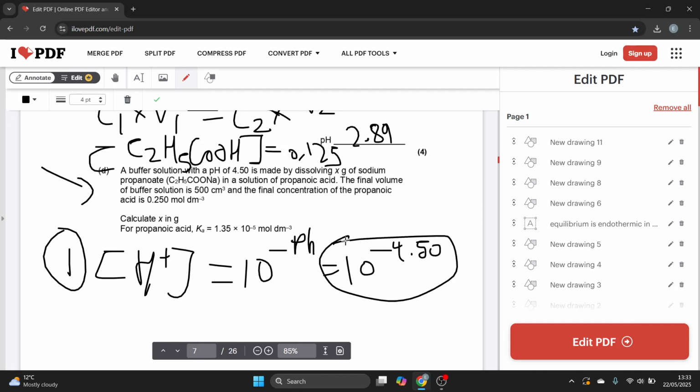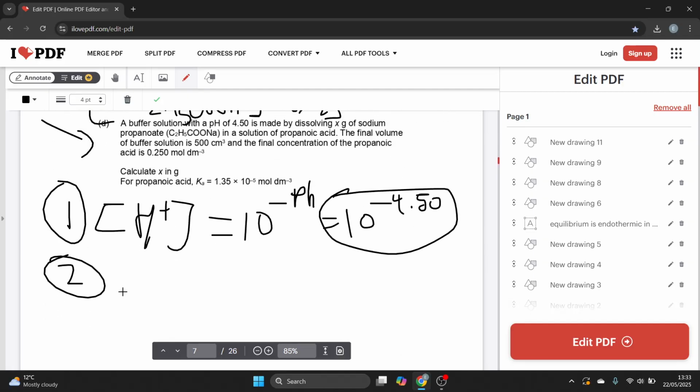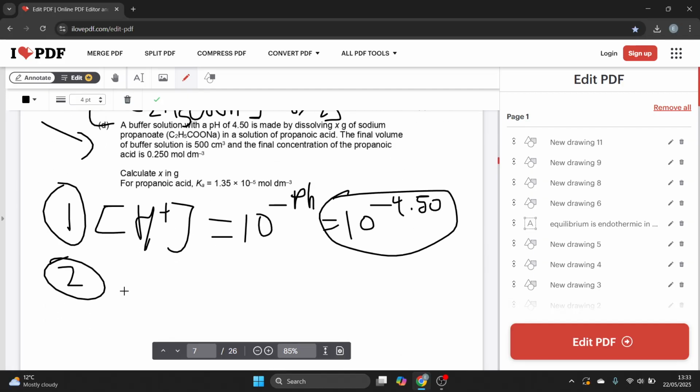Okay, perfect. Now I need to think, right? It tells me to find the concentration of propanoic acid. And I want to find out X in grams, where X is the grams of sodium propanoate.